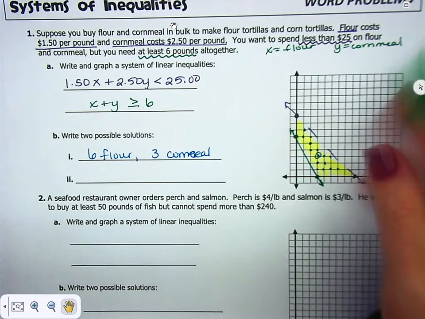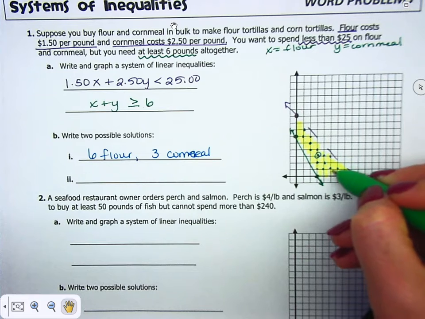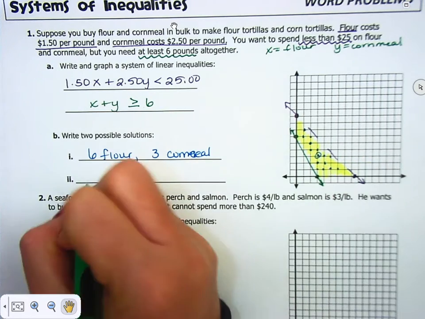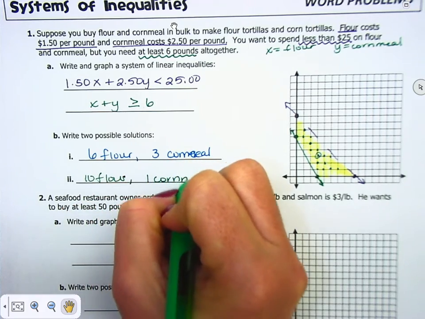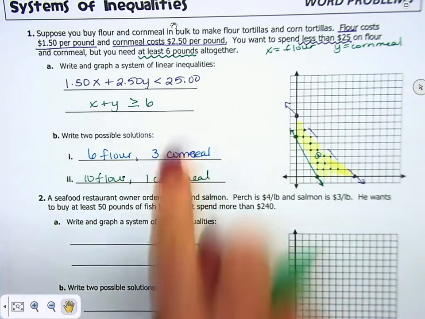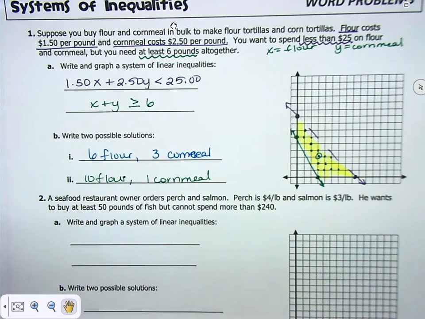Or we could have 2, 4, 6, 8, 10 and 1. 10 flour and 1 cornmeal. So there's unlimited possibilities in there. That's just a couple. If those weren't the two you chose, that's fine. But those two are possibilities.